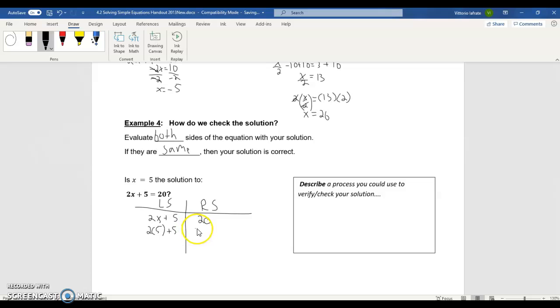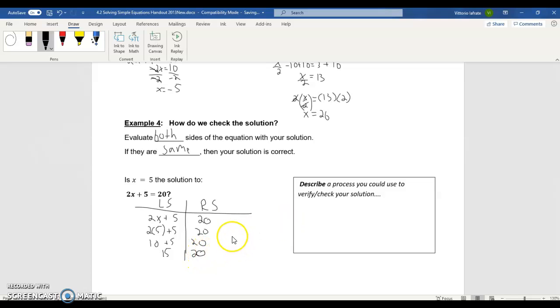And I'll just remember to put 20 here because that's what the right side is supposed to be equal to. Then I get 2 times 5 is 10, plus 5. Okay. Then 10 plus 5, I get 15. And our right side is supposed to be 20.